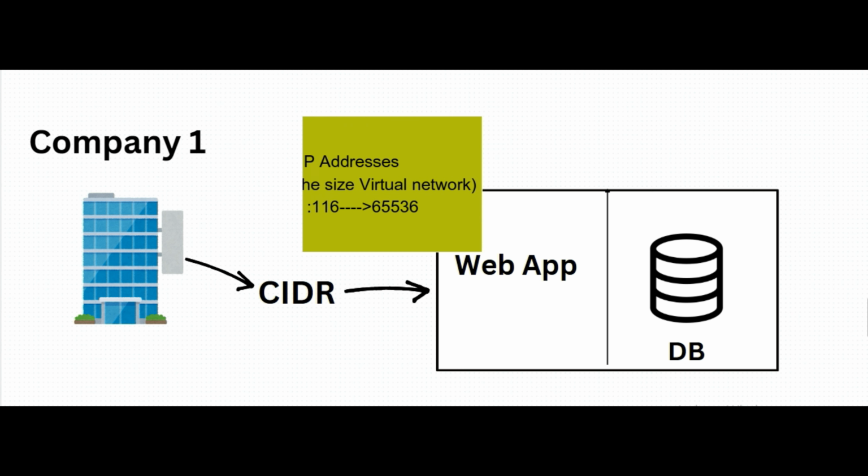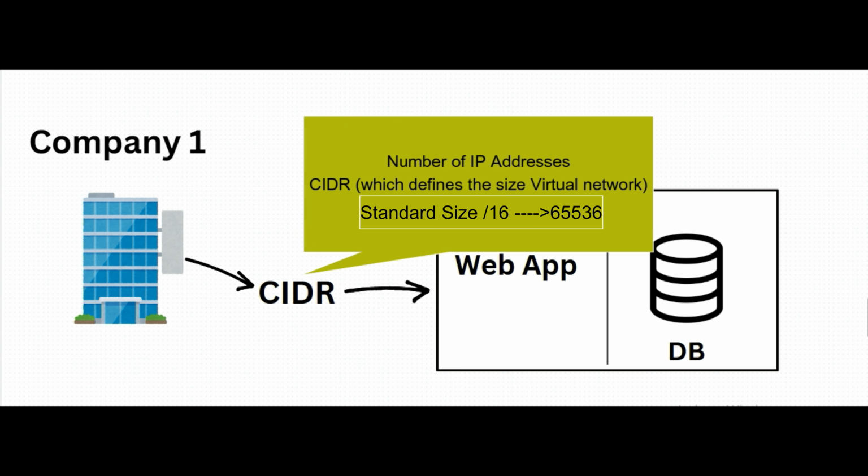To allocate IP addresses efficiently, Azure uses CIDR, which we call classless inter-domain routing. For now, think of CIDR as a method to assign an IP address range while optimizing routing.